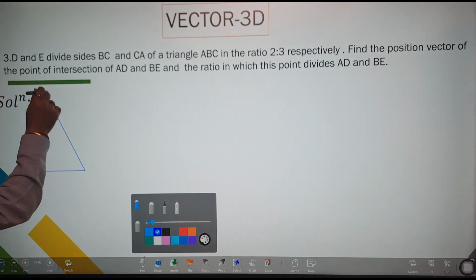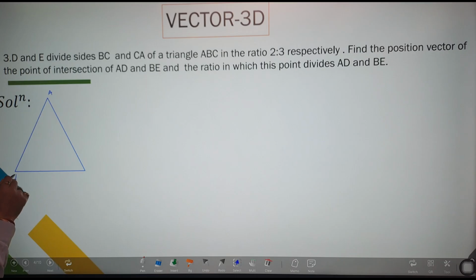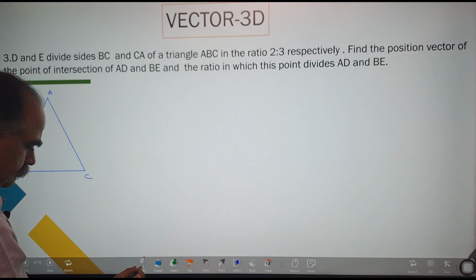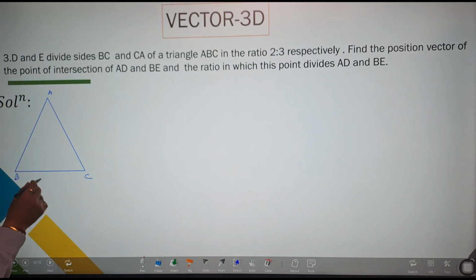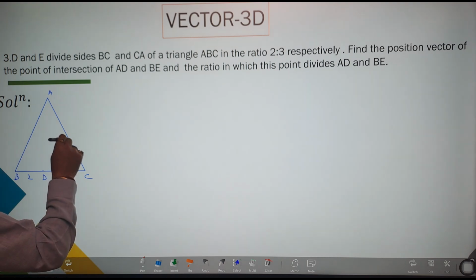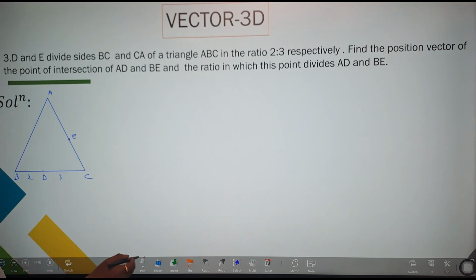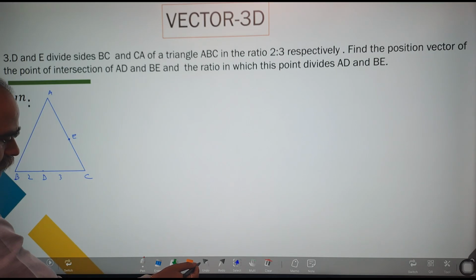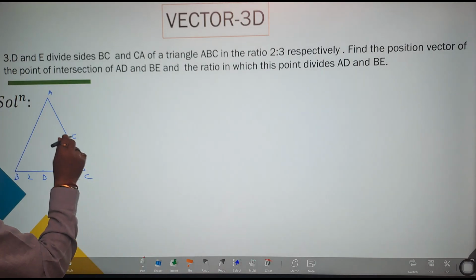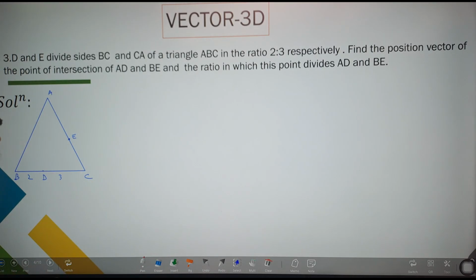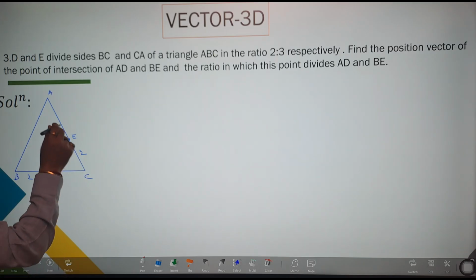D divides BC in the ratio 2:3 and E divides CA in the ratio 2:3.